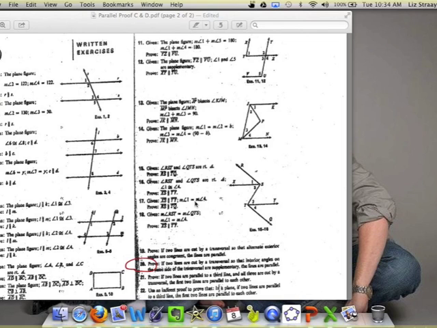Oh my goodness. That's 8 proofs for your homework: 6, 7, 8, 9 from worksheet C, and 2, 4, 6, and 20 from worksheet D. It's killing me here.